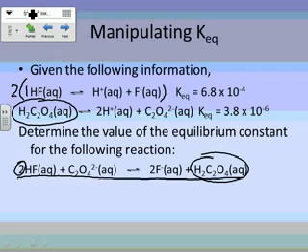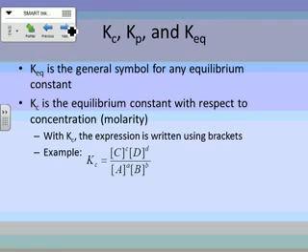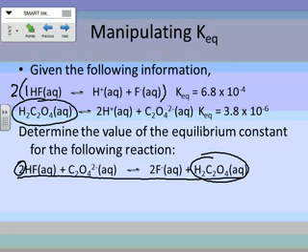And so what we're going to do is multiply the first one by 2, the whole equation. We end up with 2HF yields 2H plus plus 2F minus.